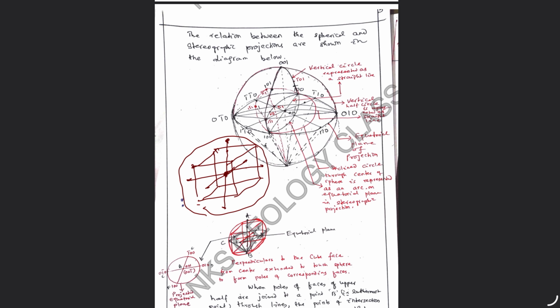Now these six points on the sphere represent the projection of these crystal faces. The crystal is a cube, so the cube faces are transferred to the sphere, and these faces of the cube form the spherical projection of the cubic crystal. So now we will convert it into stereographic projection.